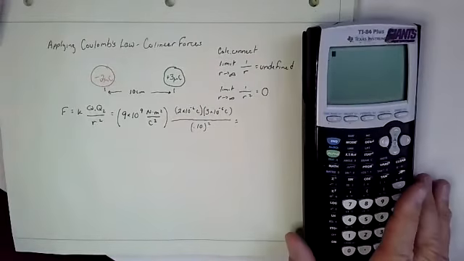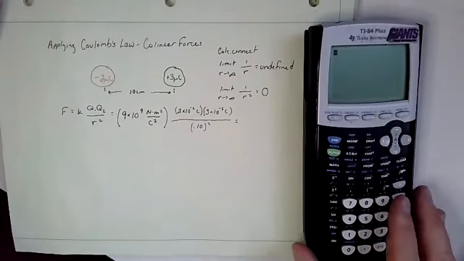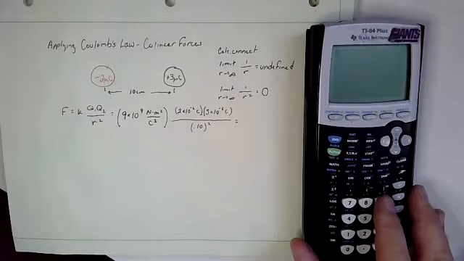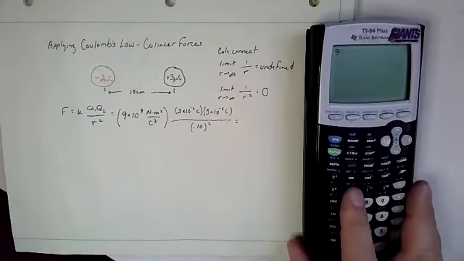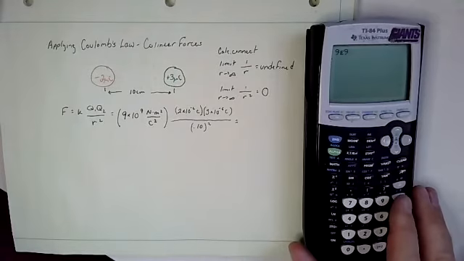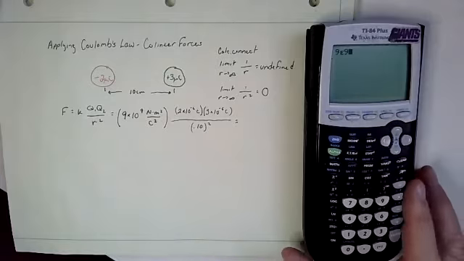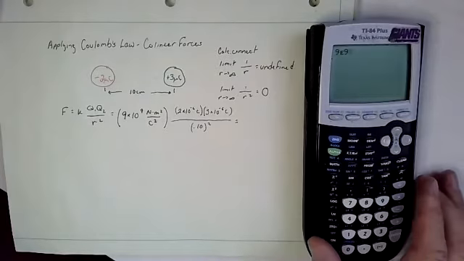Okay, let's bring the calculator in. I'm going to use 9 times 10 to the 9th a lot in this video, so I can store that as a variable. This is on a Texas Instruments calculator. This is how we do scientific notation: we use the double E button.